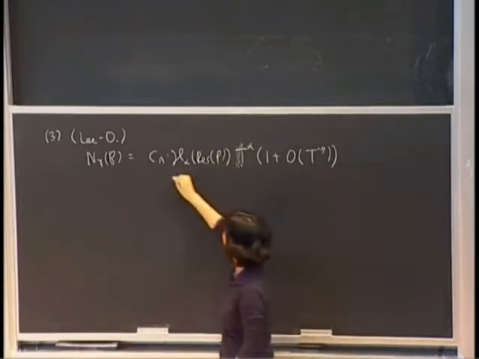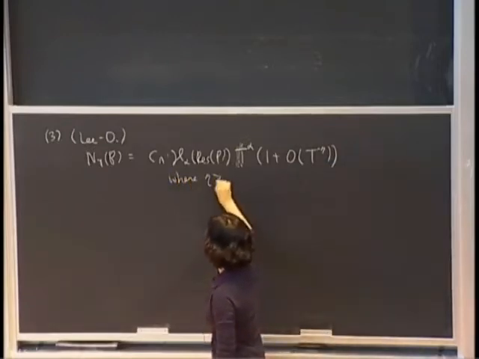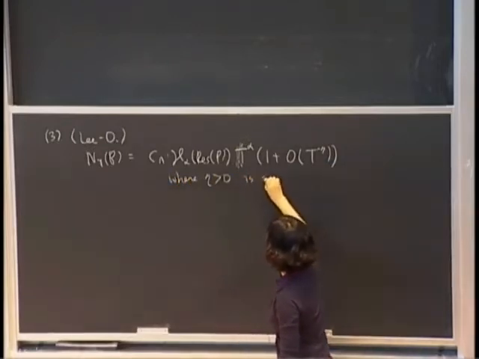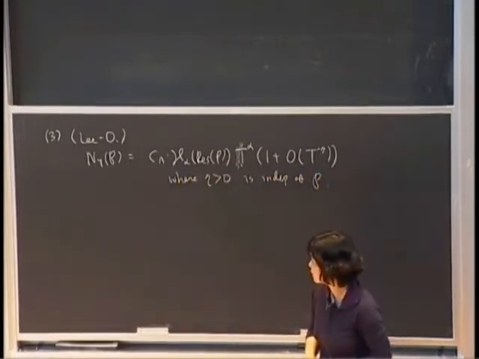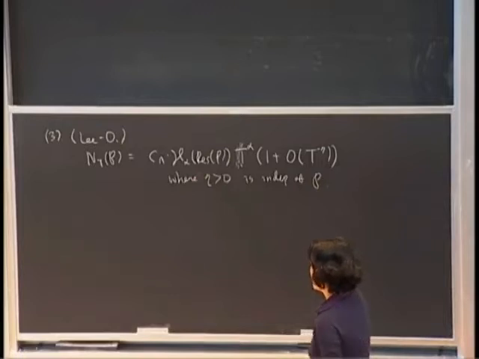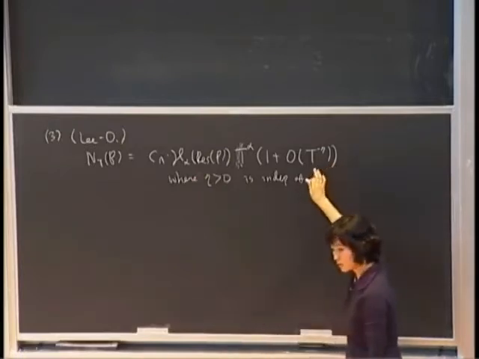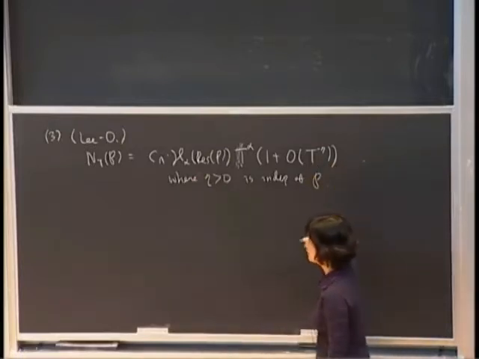Again, where eta is a constant independent of P. So this is the effective circle count result I want to discuss today, the third result.